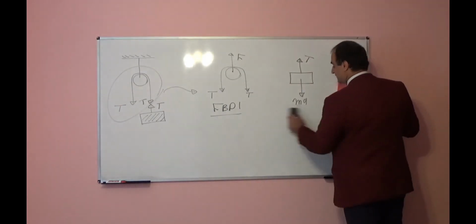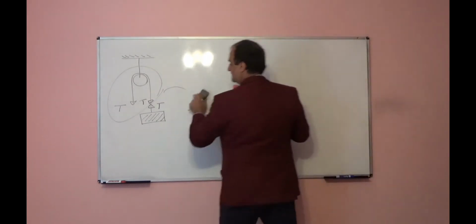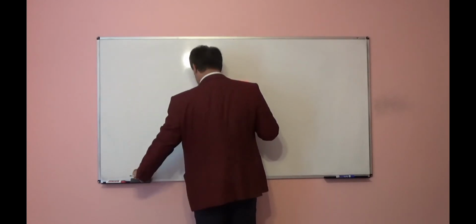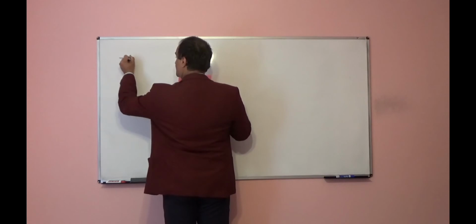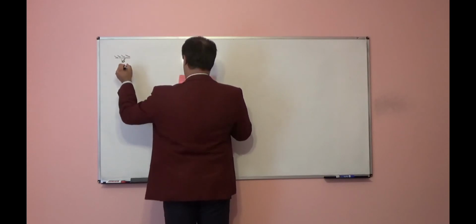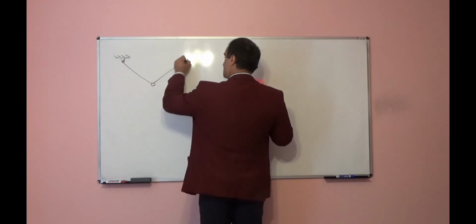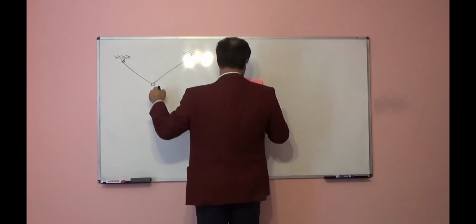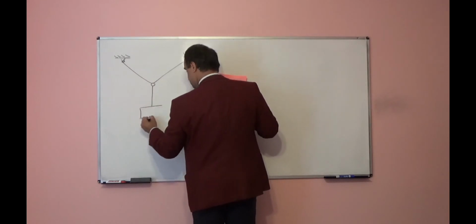Let's look at one problem to see how we can solve it using the free body diagram. There are 3 cables and 1 box here.